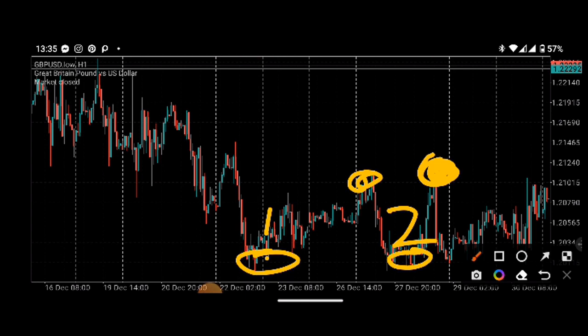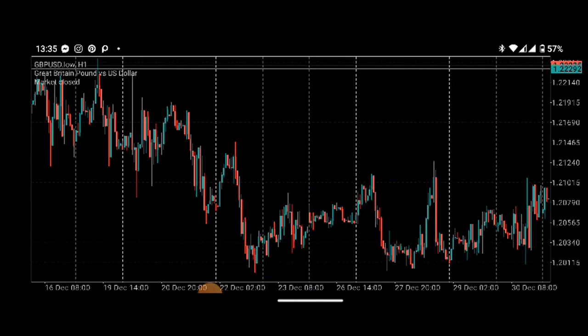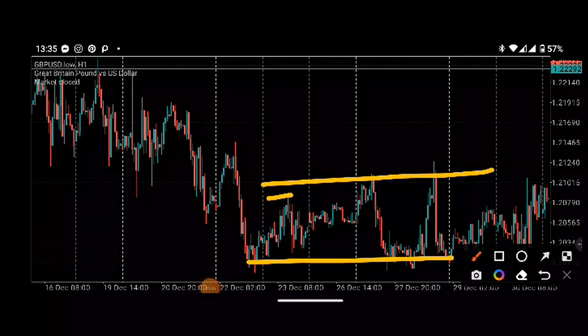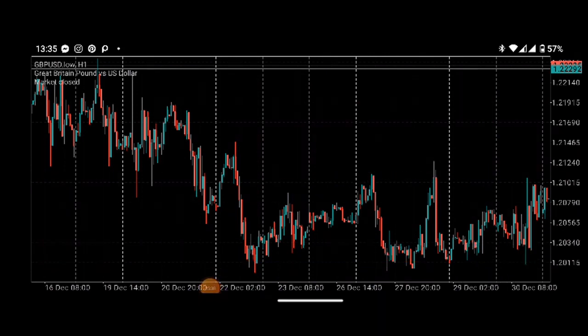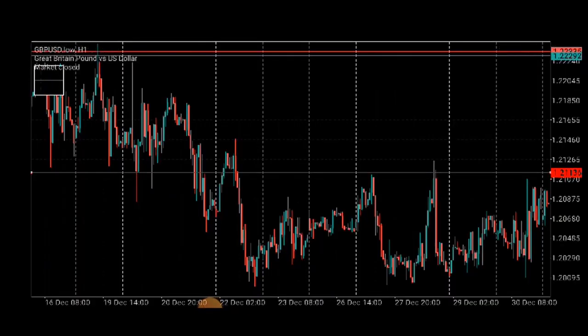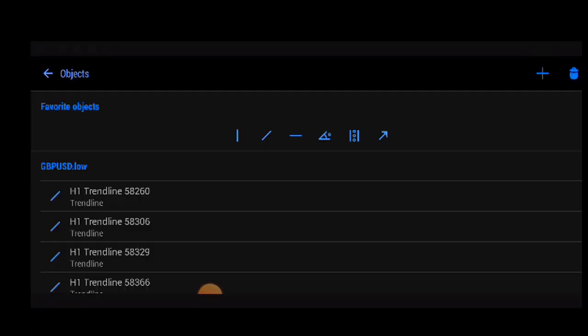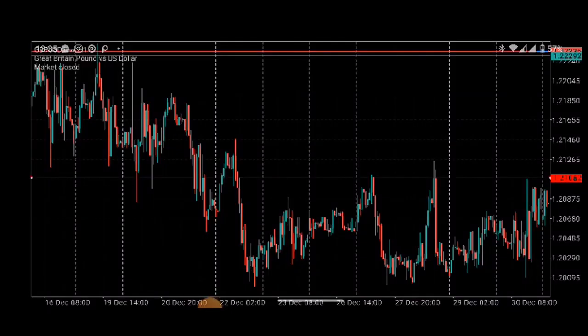Once you have three, one in the middle and the other two in opposite directions, you can take this point here as your next point of interest, right? Because you now draw your support and resistance lines from here. Note that your support and resistance lines should be 2, just like the dynamic ones that we had. It should be 2 between the two bodies, and also between the wicks, right?